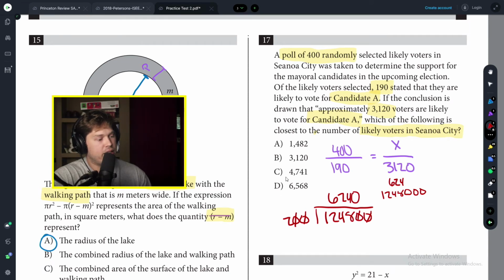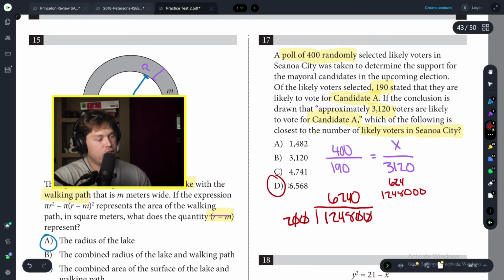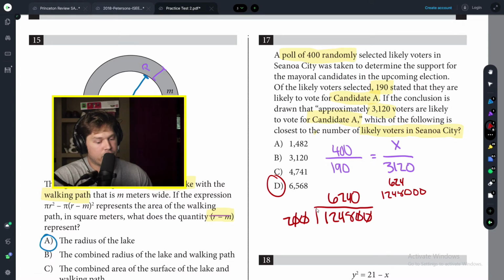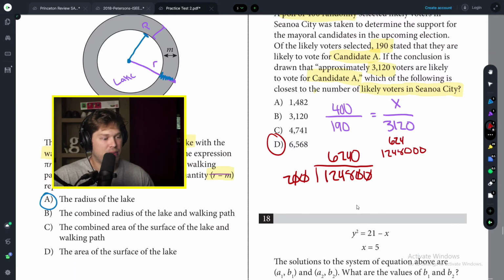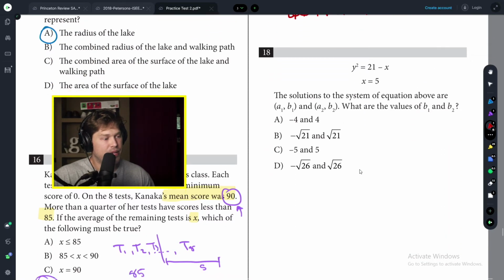And so we can see that the answer that will make sense is choice D for number 17. And if you use your calculator, I'm sure you'd get that exact answer. But if you forget your calculator, don't be too stressed, because you can always use these estimation methods.